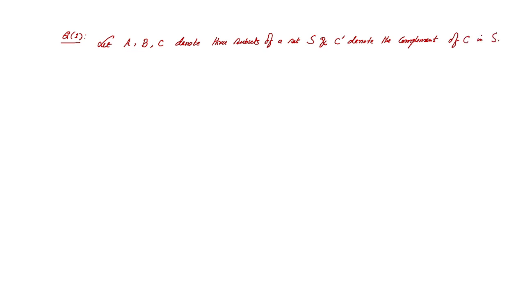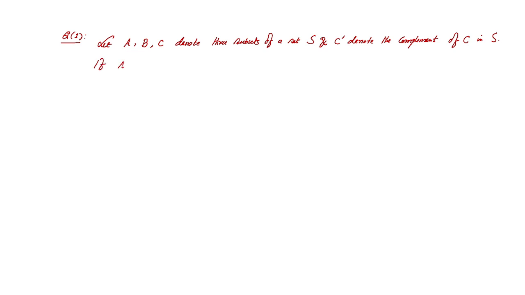mathematics honors. Let A, B and C denote three subsets of a set S, and C complement, or C prime, denote the complement of the set C in the universal set S. S represents the universal set.